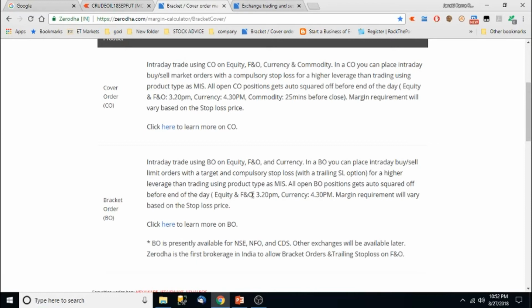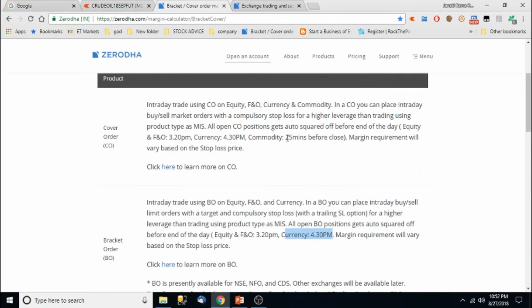For equity, futures and options it is 3:20, and currency is 4:30 because closing is at 5 o'clock. For commodities it is a minimum of 25 minutes before, meaning if it is closing at 11 o'clock it will be 10:35. If it is 11:30 then it will be 11:05.